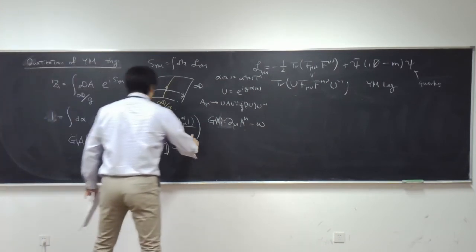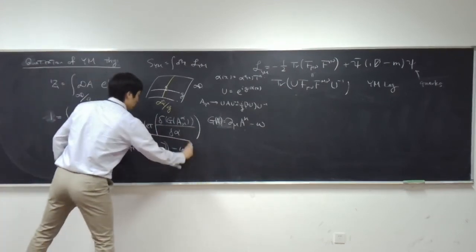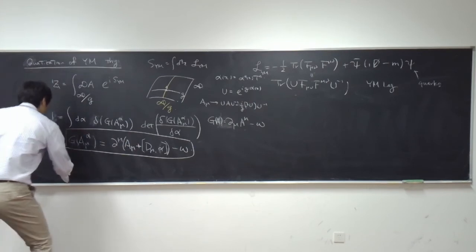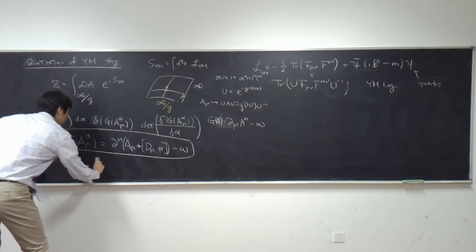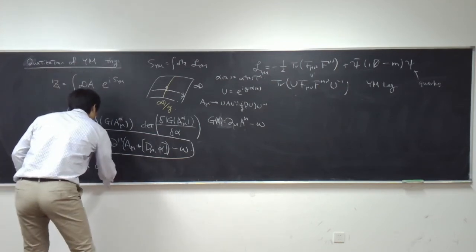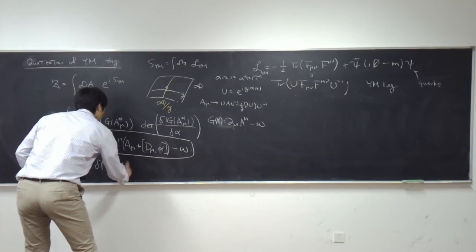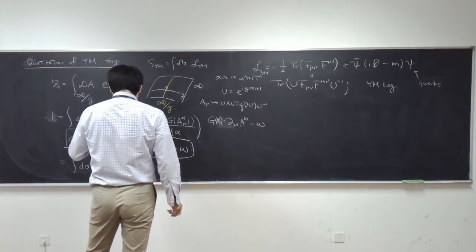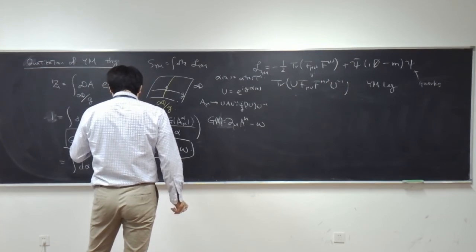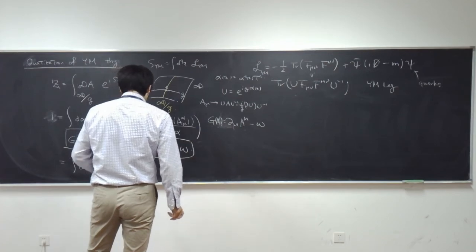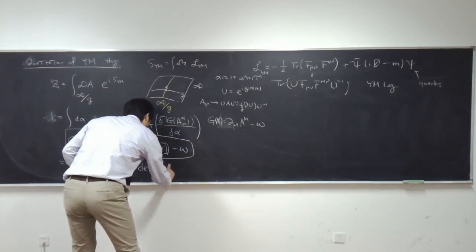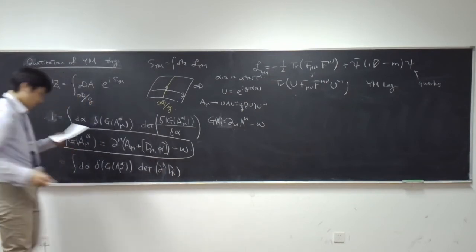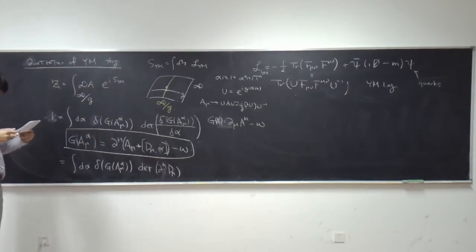Then, taking the determinant, what you get, where omega is some function, is the determinant of delta G over delta alpha.